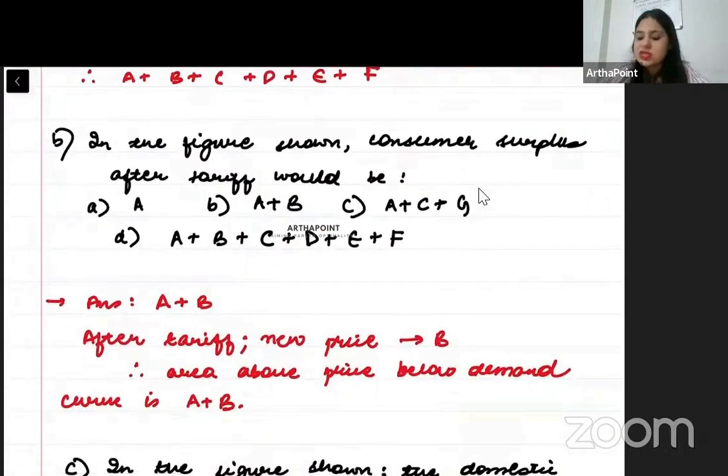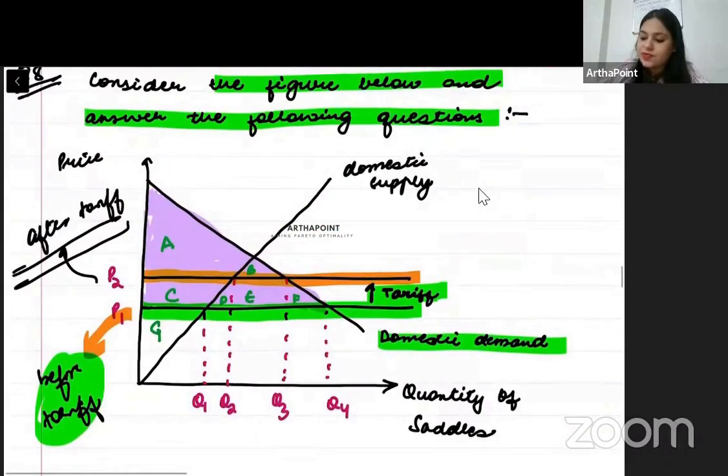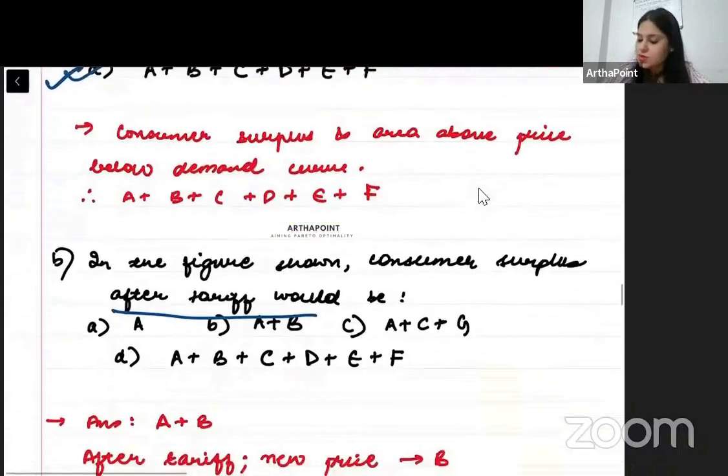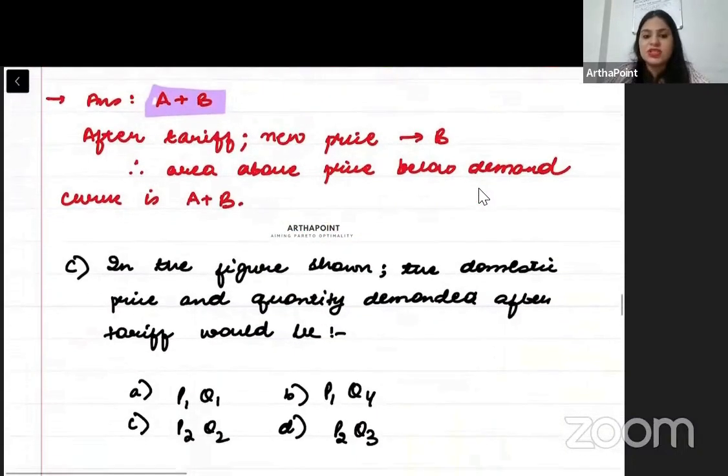It says consumer surplus after tariff would be. So go back. After tariff, the price is P2. So it is going to be below the demand curve, above the price. That means A and B. So the answer is going to be A plus B. Come to the next one.